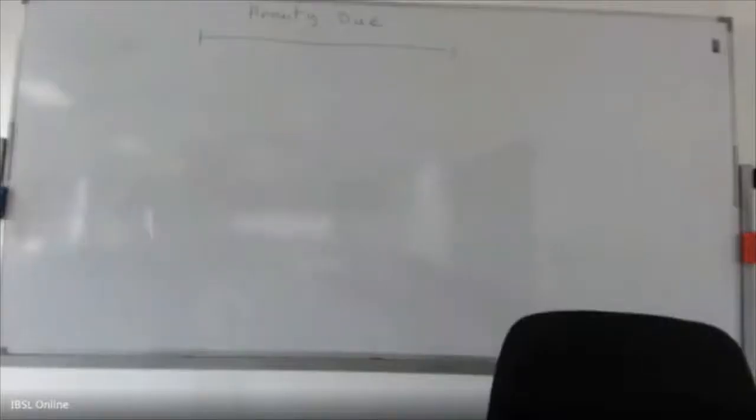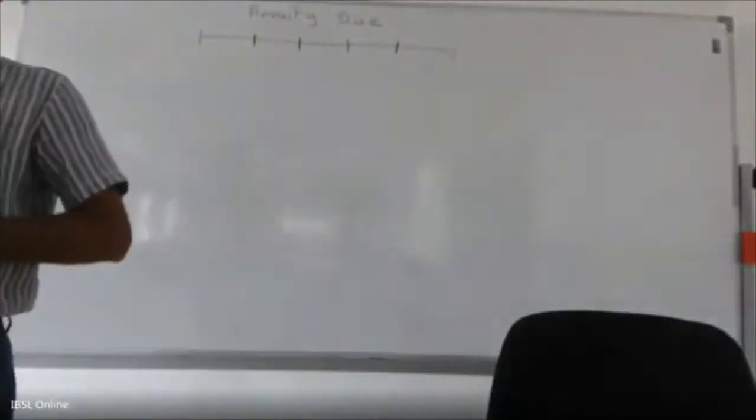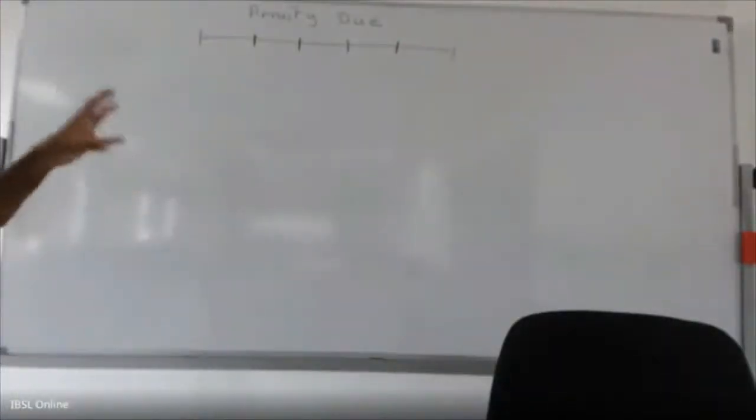What is an annuity due? First cash flow, at the start of the period. What is an annuity? Sequential cash flows, equal size cash flows, in equal intervals.